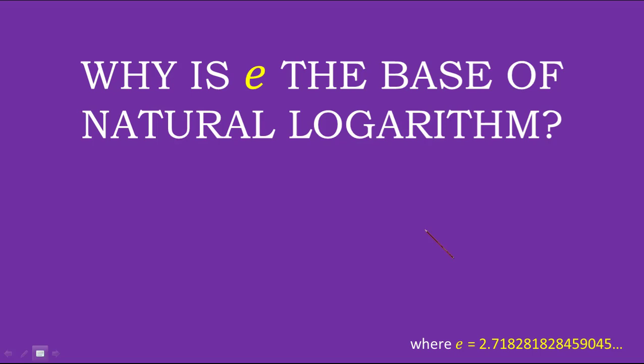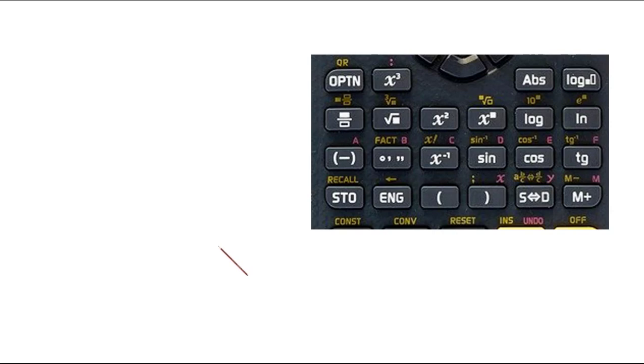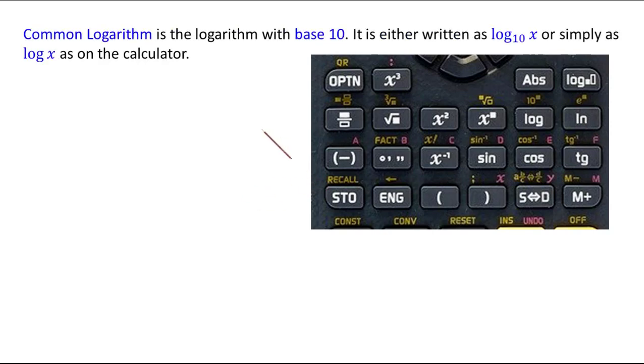So let's start. You must have seen a scientific calculator, and over here you must have seen log written as one of the log buttons and ln written as another log button. So the common logarithm is the logarithm with the base 10.